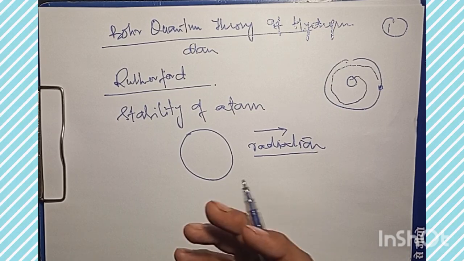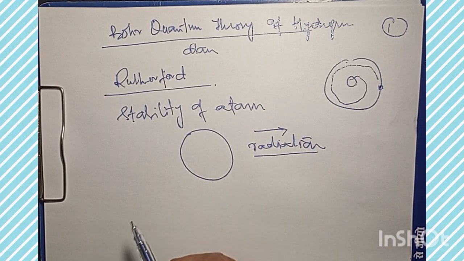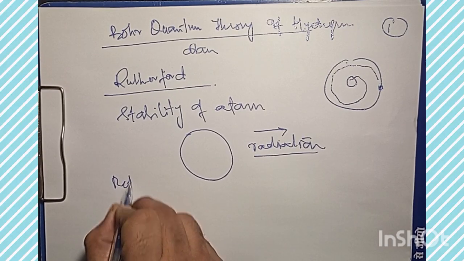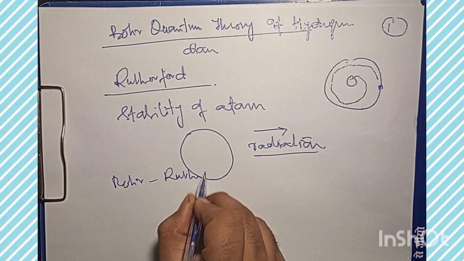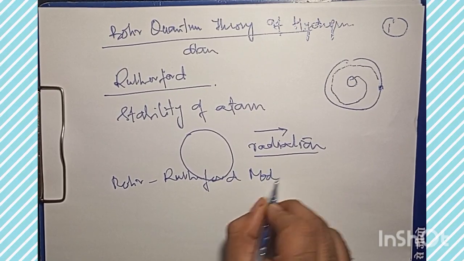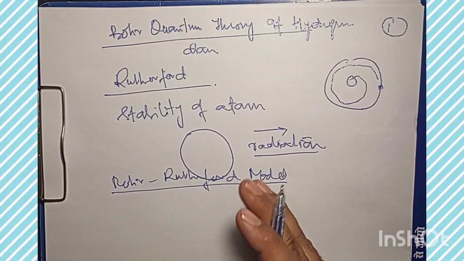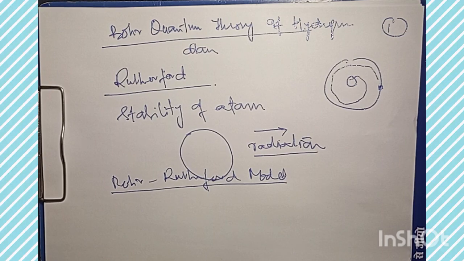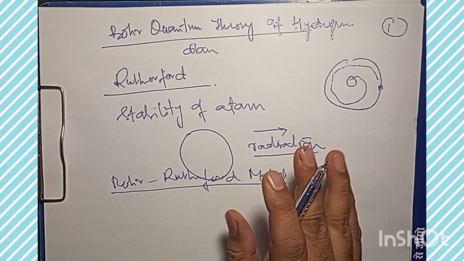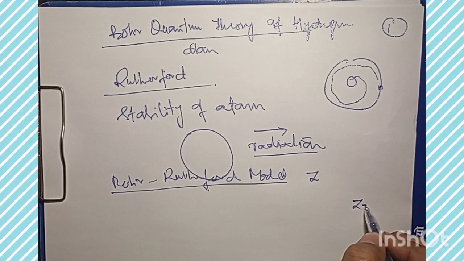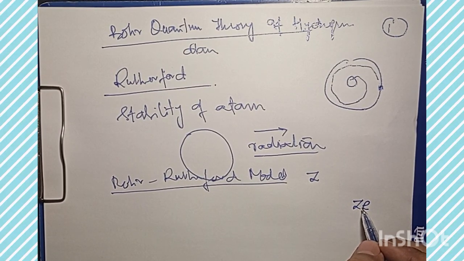Therefore, a modified model of the stability of the atom was given, which was called the Bohr-Rutherford model. What is assumed here is that any nucleus of atomic number Z will have positive charge Ze, where e refers to the charge and Z is the number of protons.